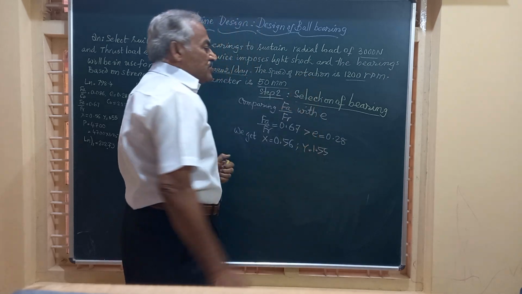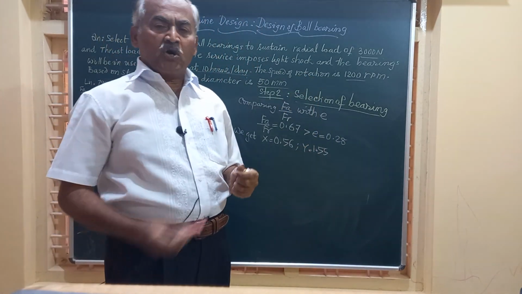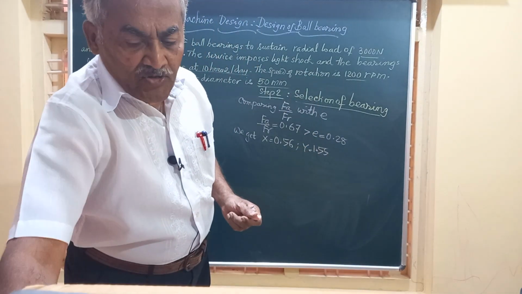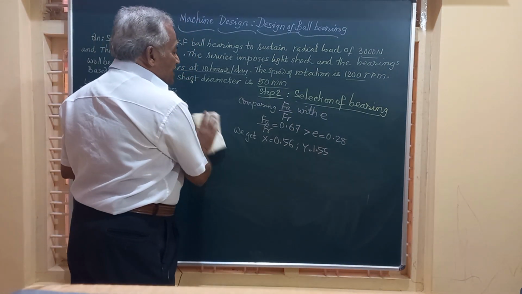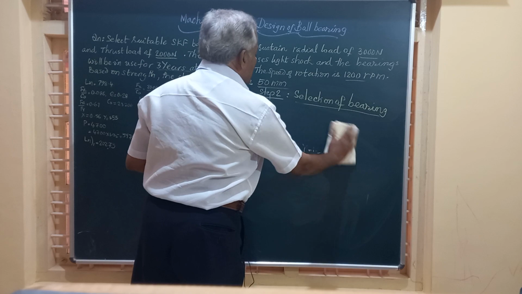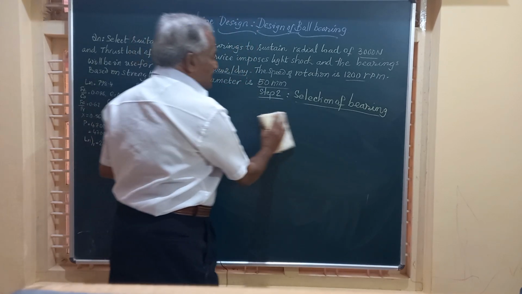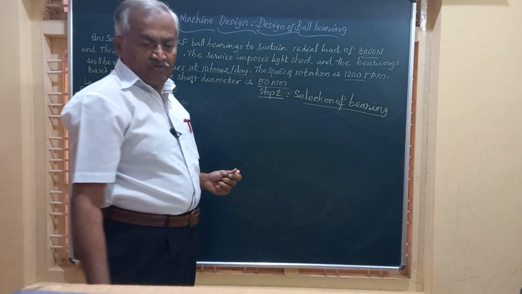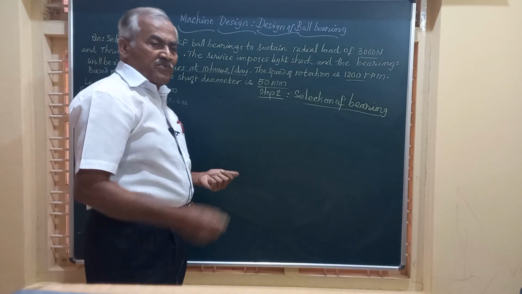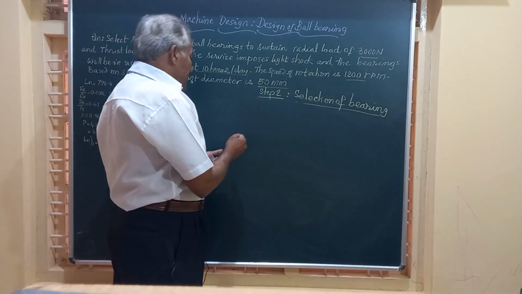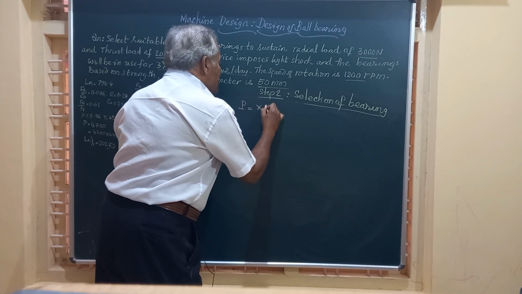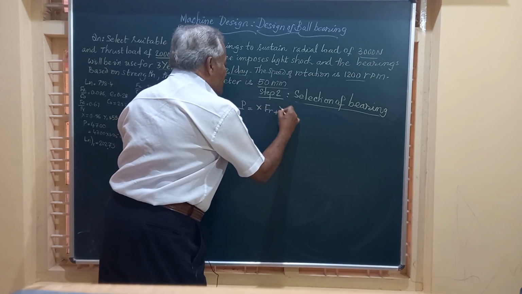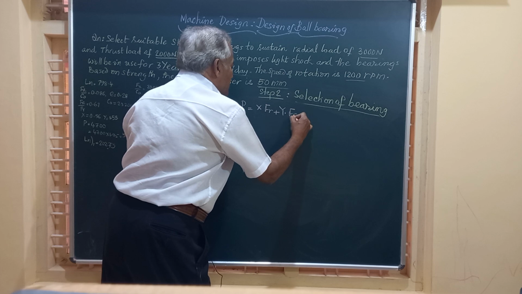See, all this procedure we are following to get the value of x and y to obtain the equivalent of these two loads. So friends, we know x, we know y, we know Fr, we know Fa, and hence we will calculate P. P is x times Fr plus y times Fa.